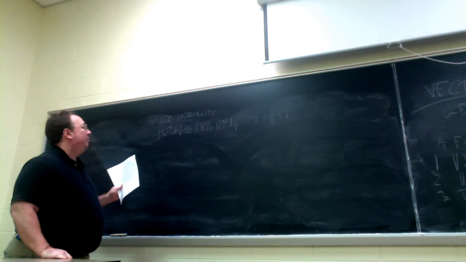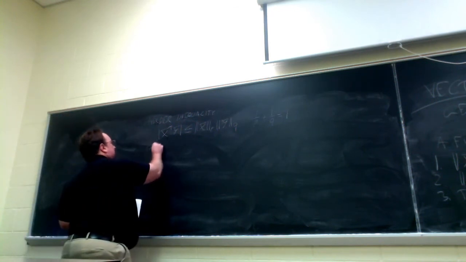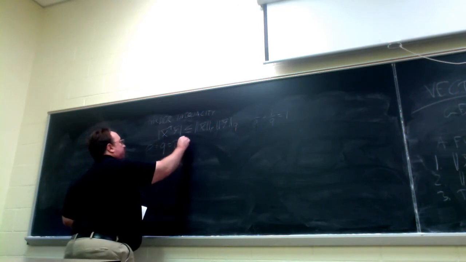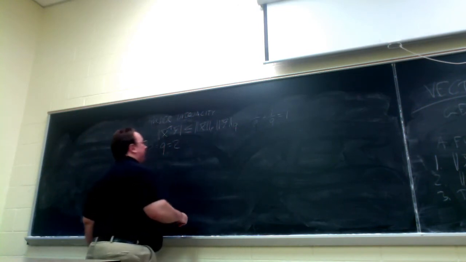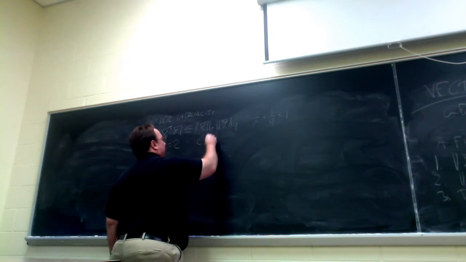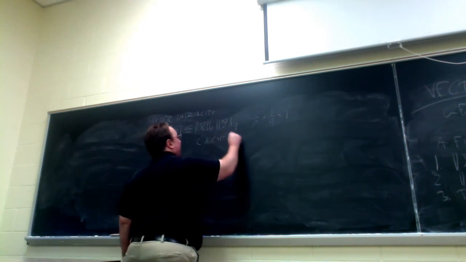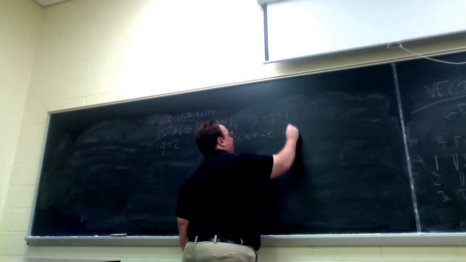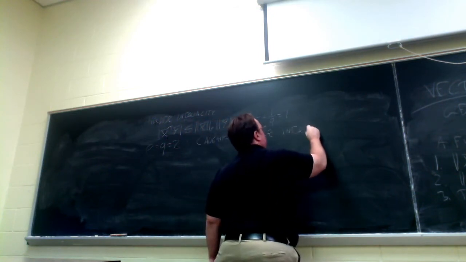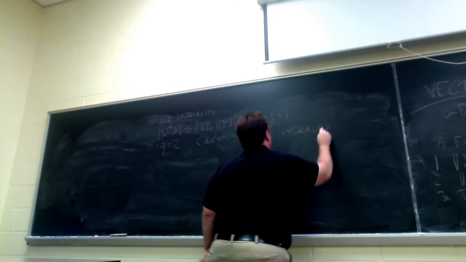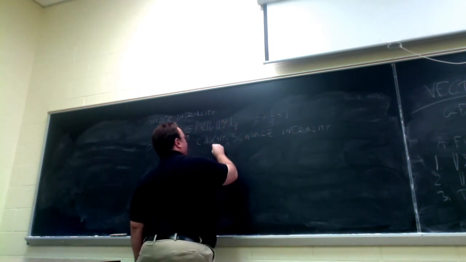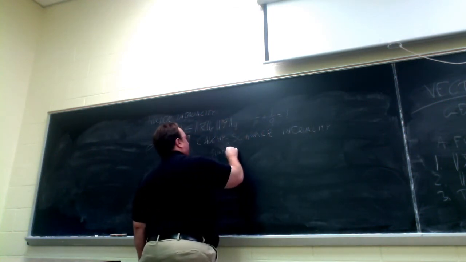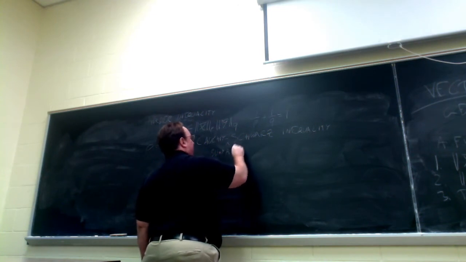Now, one special case of interest, when p and q are both equal to 2, certainly that would satisfy that. And this is commonly referred to as the Cauchy-Schwarz inequality. One textbook I saw added a third name, Bunyakovsky.